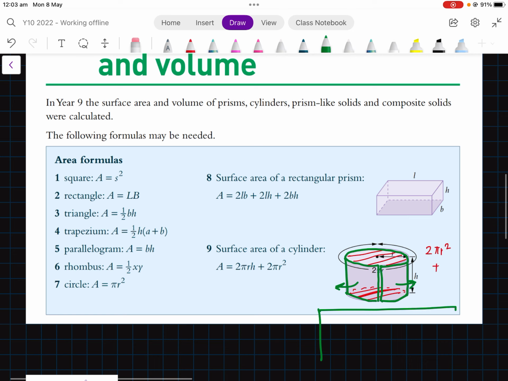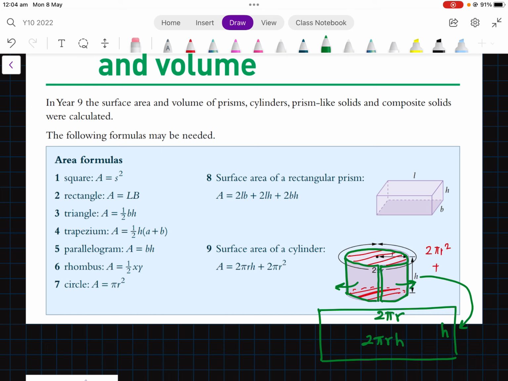The length of this rectangle is the circumference of the circle, and the height of the cylinder becomes the width of this rectangle. So the area of this curved surface is nothing but the area of this rectangle, which is 2 pi r h.